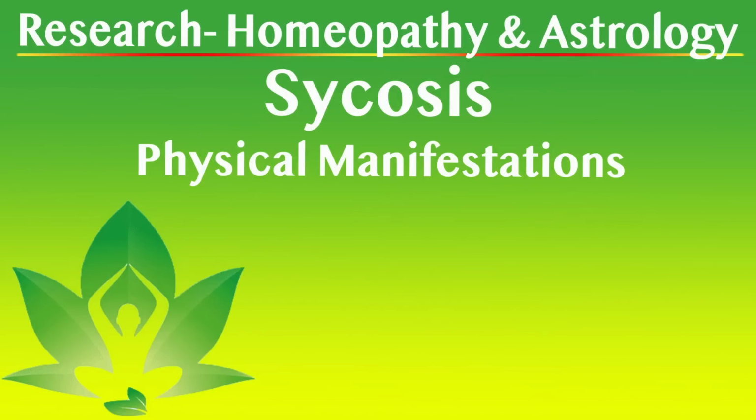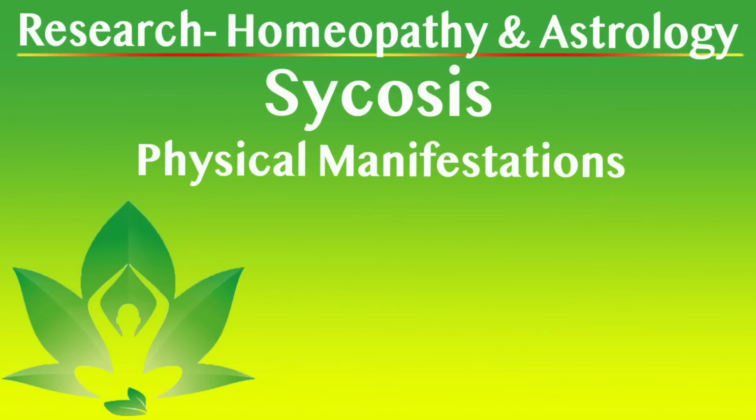Inflammatory conditions and swelling. Chronic inflammation and swelling are common in Sycosis. The body responds excessively to stimuli, leading to persistent inflammation and the accumulation of fluids in tissues or joints. Key planets. Mars governs inflammation and heat. When afflicted, Mars drives chronic inflammatory processes, causing swelling, redness, and heat in affected areas.